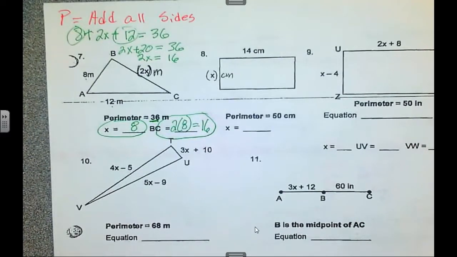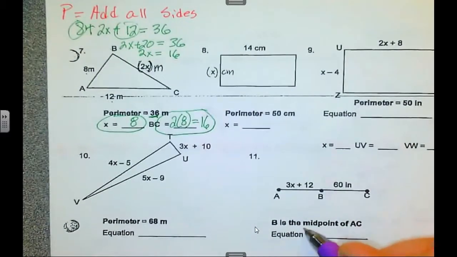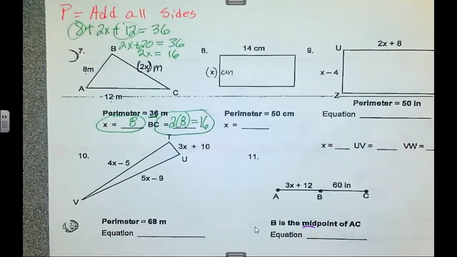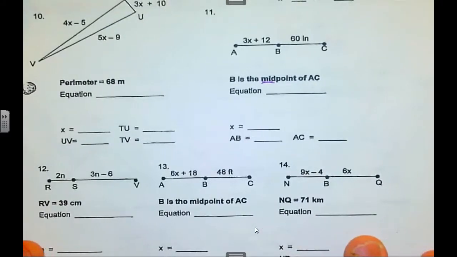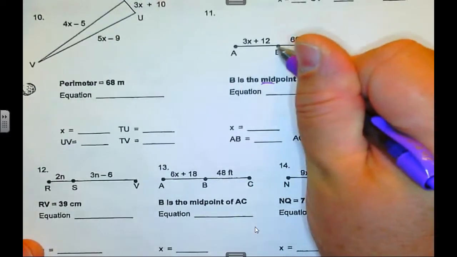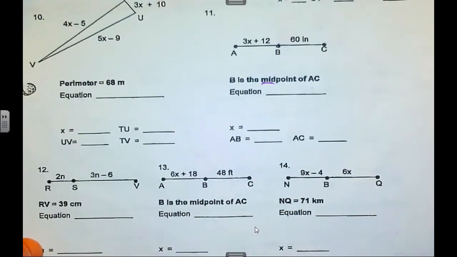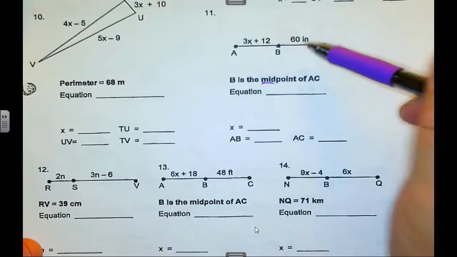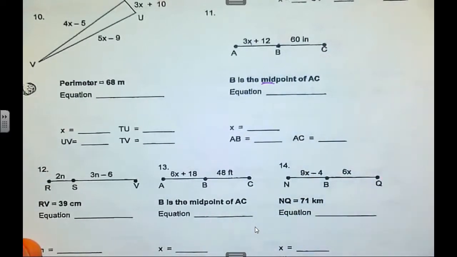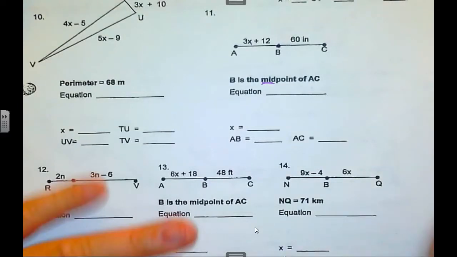What about midpoint? It is letter B in this case. What do I know about the two small line segments if B is the midpoint? Yep, they're going to equal each other. Okay.